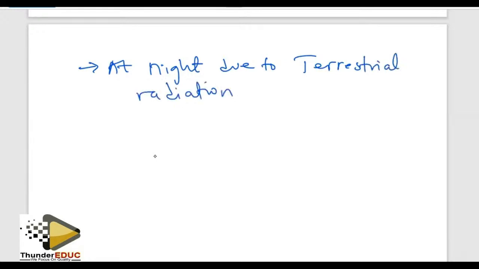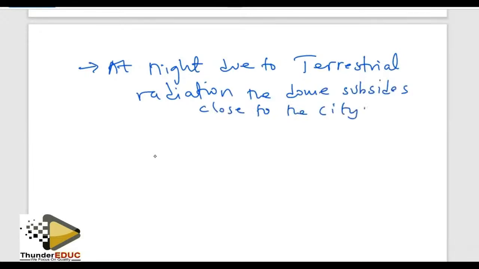Due to terrestrial radiation, the dome subsides close to the city. So at night, we know temperatures are low. Therefore, the dome cannot expand upwards. Instead, it will be contracting, moving towards the city or towards the surface as a result of cooler conditions.